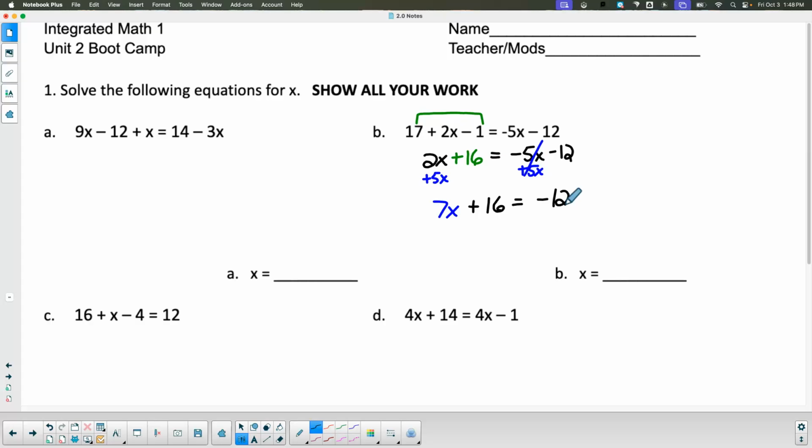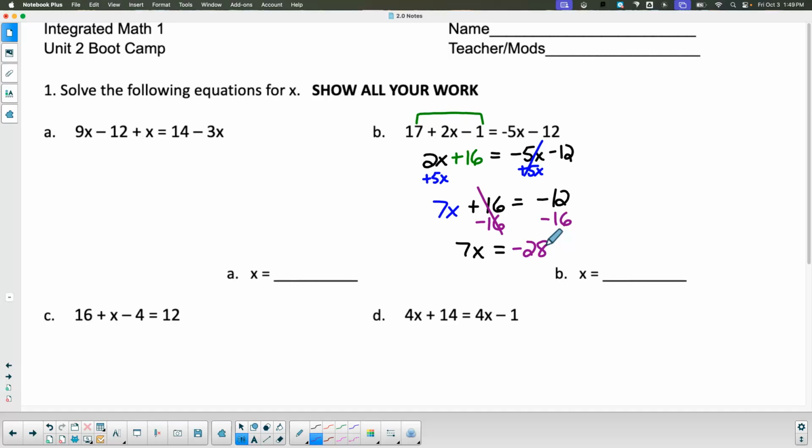We now have successfully put all of our variables on the left side, which means we have to put our numbers on the right side, which means I got to get all the numbers off of the left side. So I'm going to subtract 16 from both sides, because that cancels that out. And then that leaves me with 7x equals -28.